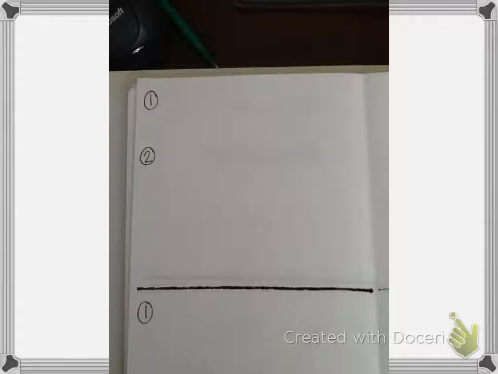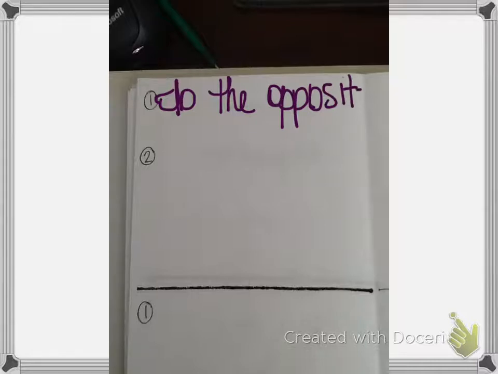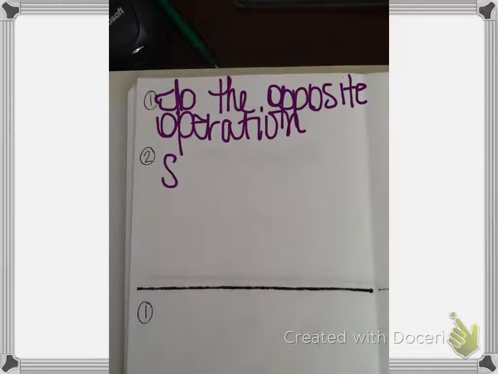So, if you have an inequality where we're adding or subtracting, we are simply going to do the opposite operation and solve and graph it.